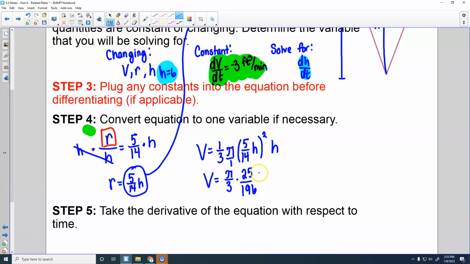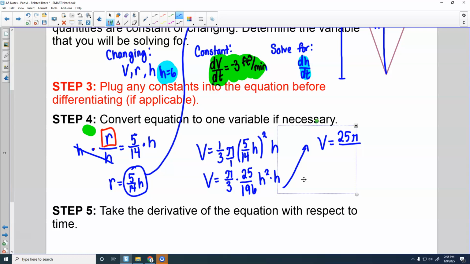And then I'll have an h squared, and I also have this h over here. So it's kind of ugly, but you got volume equals 25 pi over 3 times 196.